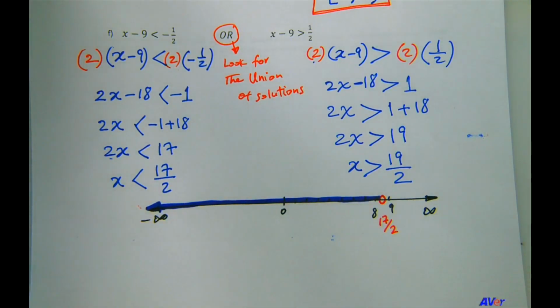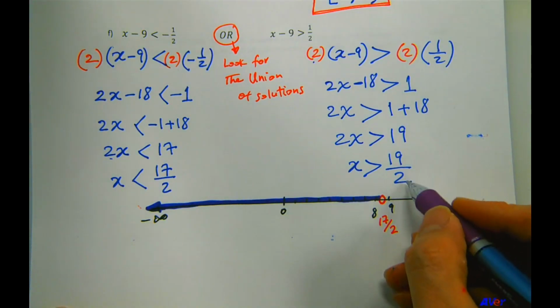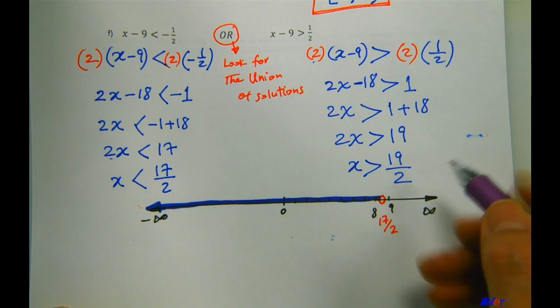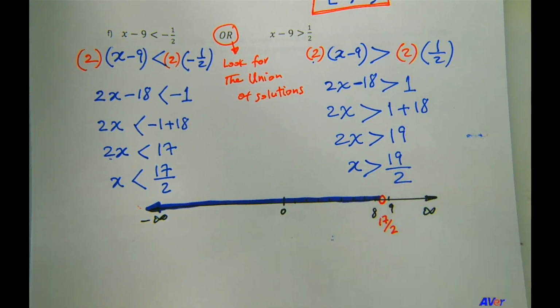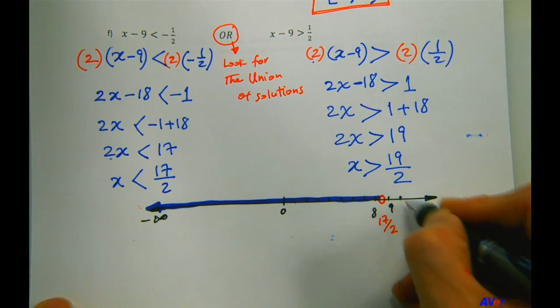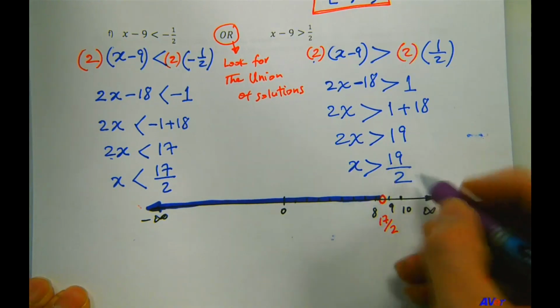Okay. And then we have 19 over 2. That'll be over, it would be 9.5, right? 19 over 2 would be 9.5. So if we have 10 here, say if that's 10, then 9.5 would be somewhere here.